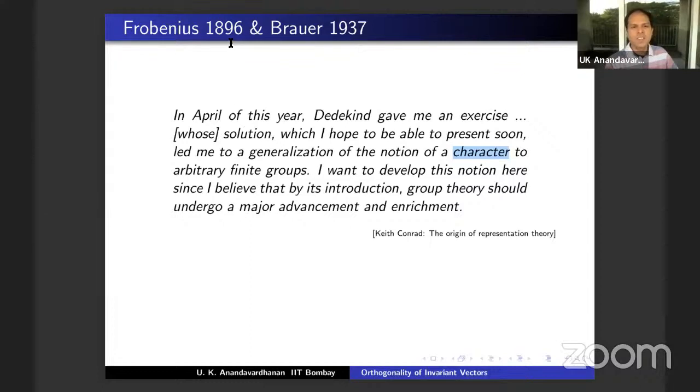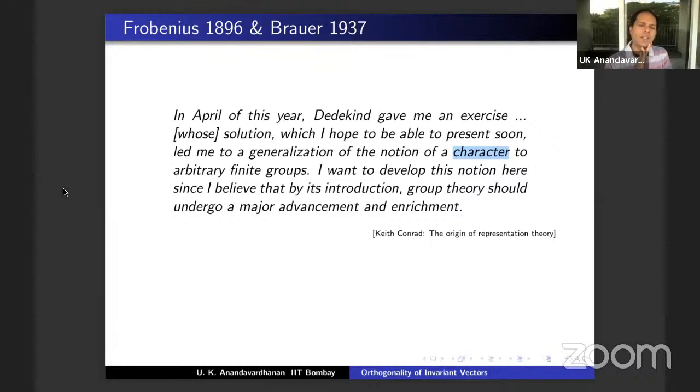And 1896 is many years ago, so 120 years ago, so 130 years ago, roughly, and it is true that we know that it did change the face of group theory, it did change the face of number theory, it did change the face of harmonic analysis, many branches of mathematics. So this is Frobenius.